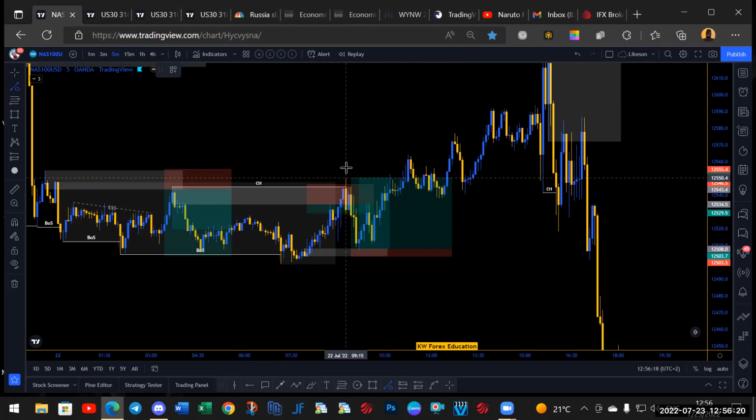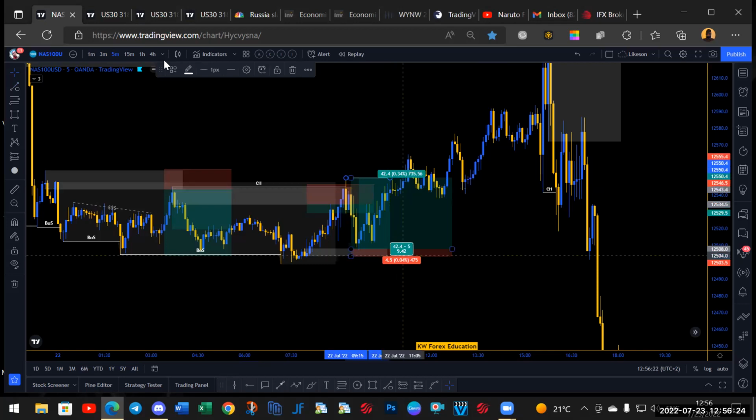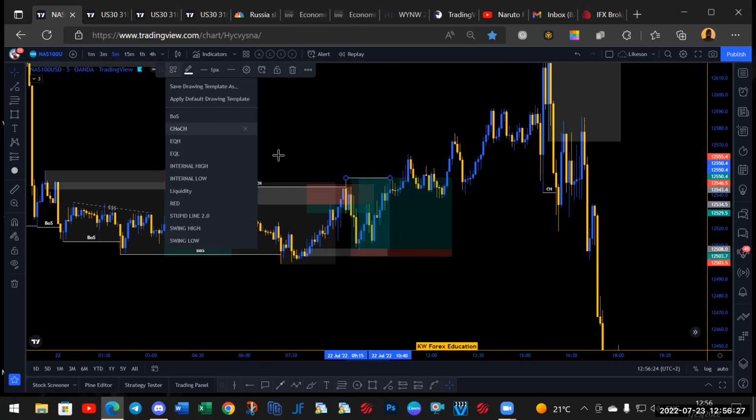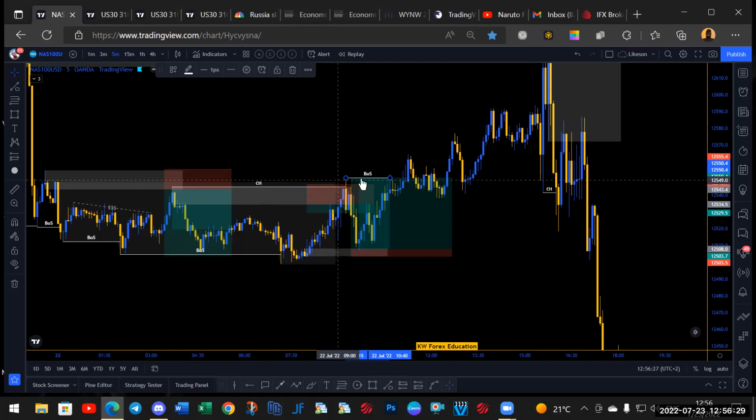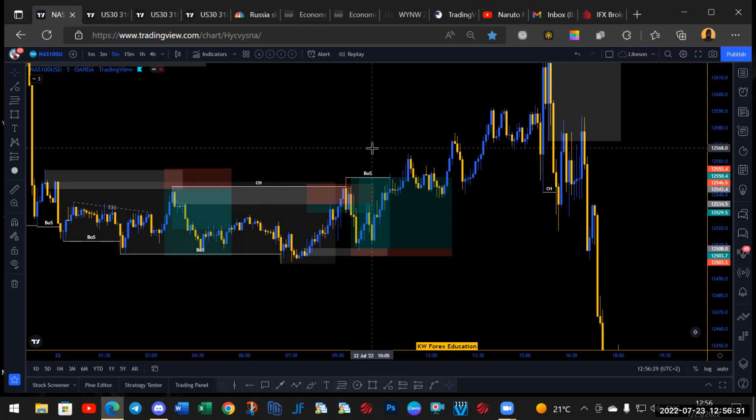So price caused a change of character. I mean, break of structure. The change of character was already there. We have the break of structure to indicate that price is still going up, right?